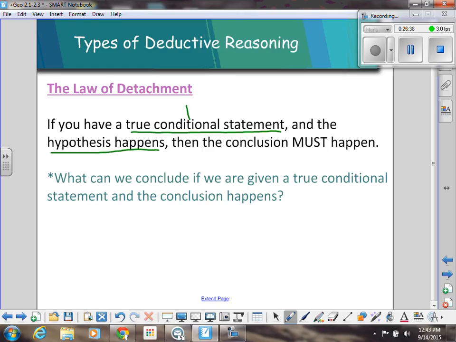Okay, so I have to have something like, if P then Q, and it has to be a true if P then Q. And I have to have P happens, right? If I have both of those conditions, then I know that the conclusion must happen. So Q must happen.